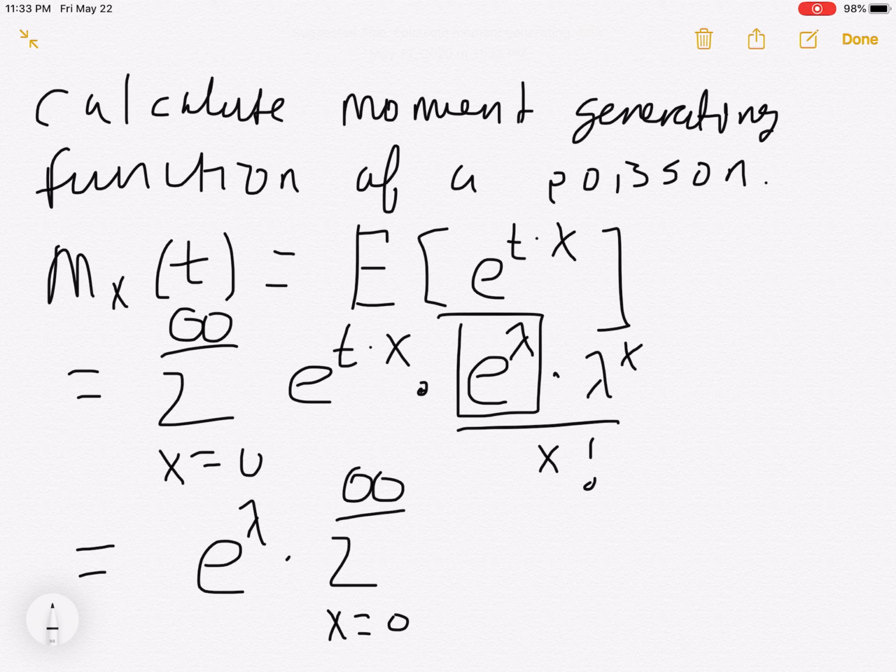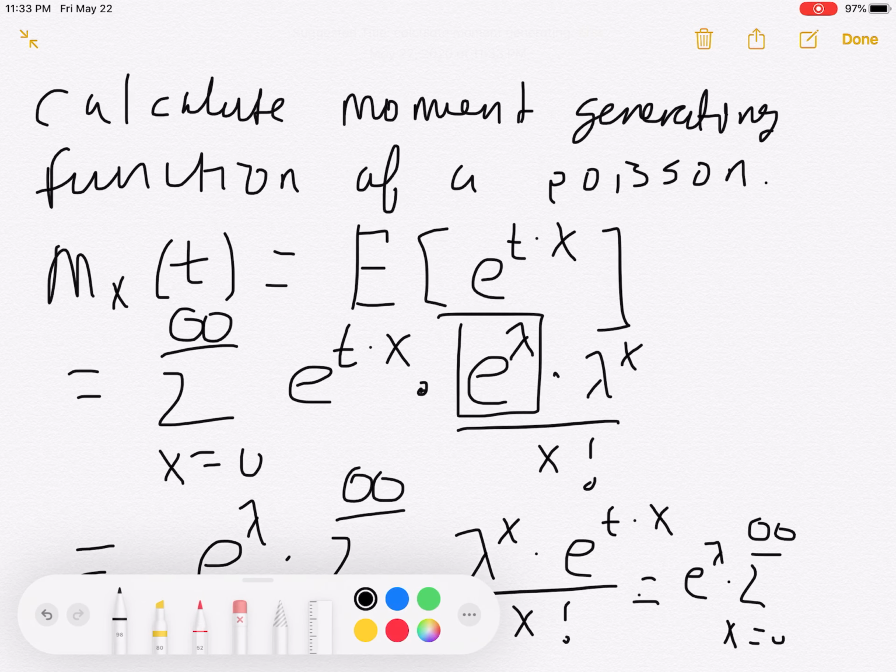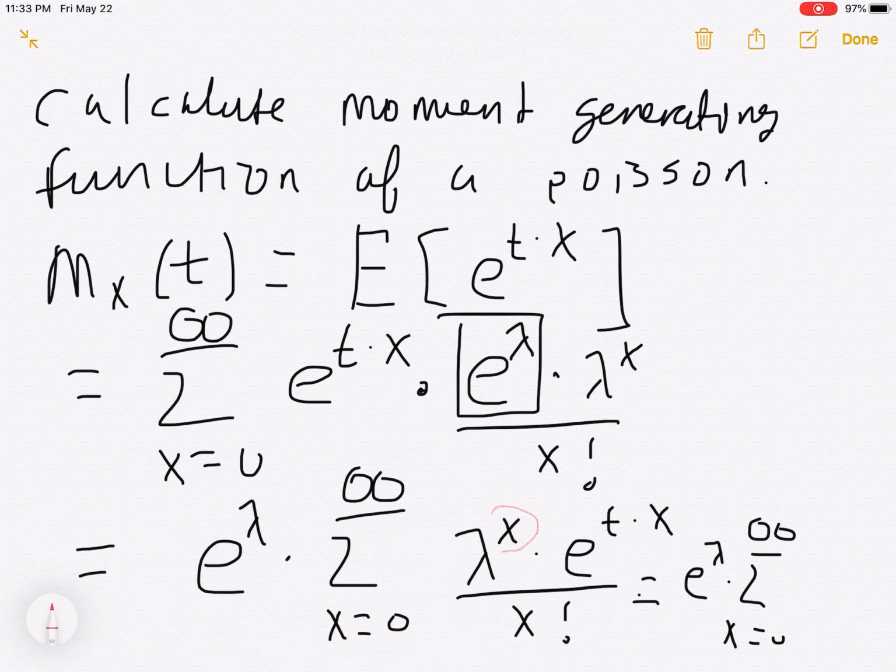Well, I can now write down lambda to the x times e to the t times x over x factorial. Just this next thing I'd like to write, since it's right here, we should notice that we have that x and that x.